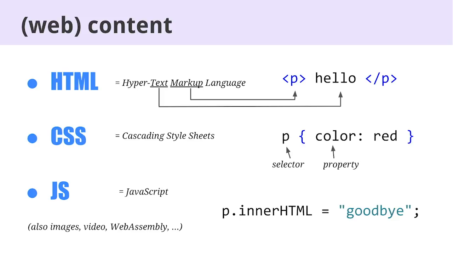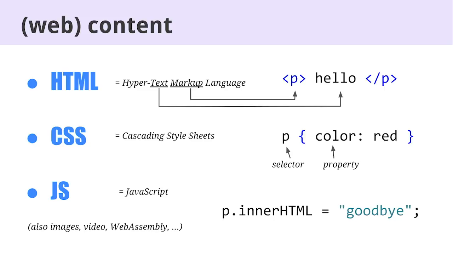Content is HTML, which is text, and markup surrounding the text, like the P in the angle brackets that creates a paragraph. Then there's CSS, or style for short, which is selectors and properties. Like here we have a selector that says P, so it's selecting paragraph elements, and a property named color, whose value is red. So this style rule is telling the engine to render all paragraph elements with red text.